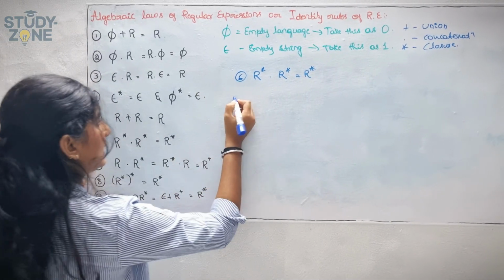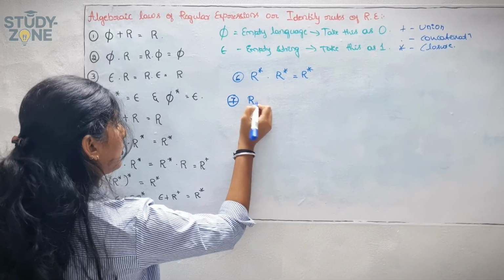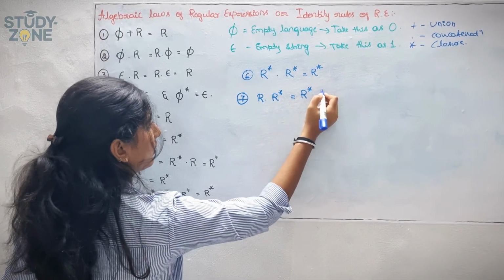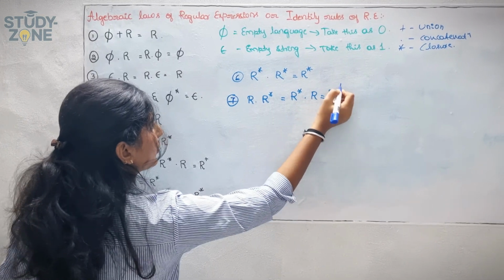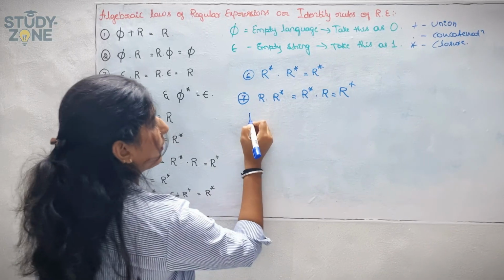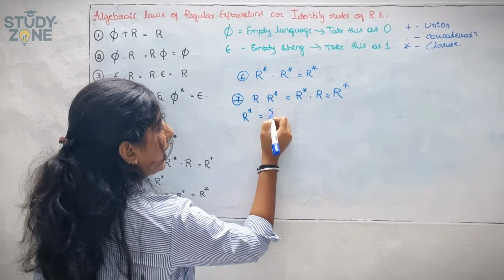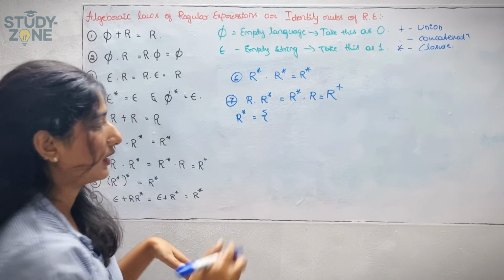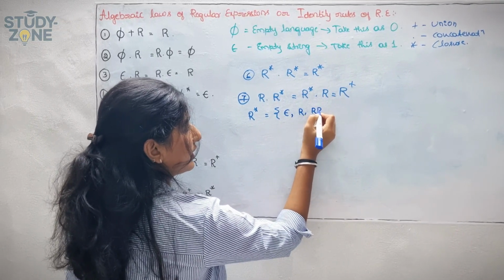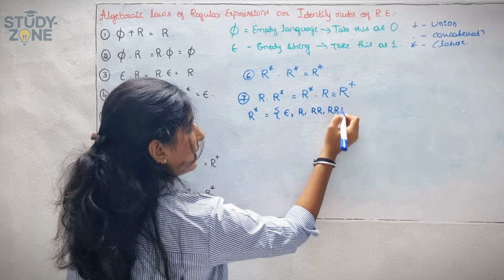Okay. Seventh one is R dot R star equals R star dot R equals R plus. How to solve this? How to write R star? R star means 0 or more occurrences of a string.